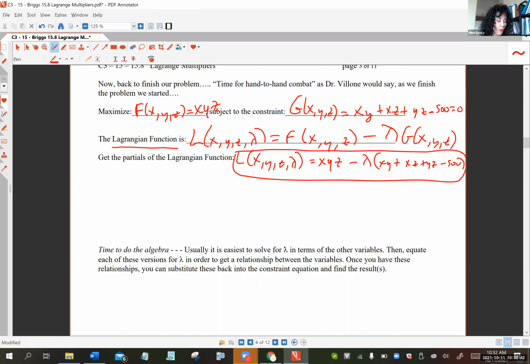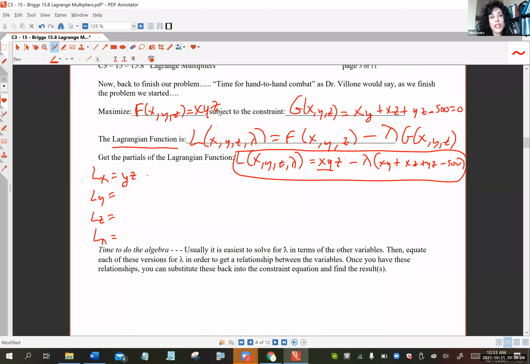So let's get the 4 partials for this big Lagrangian function, 1 for each of its 4 variables. Here we go. So take the partial derivative with respect to x. Well, the partial derivative of xyz with respect to x is yz.